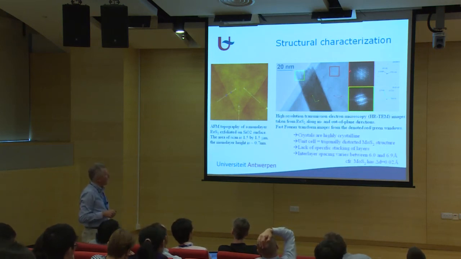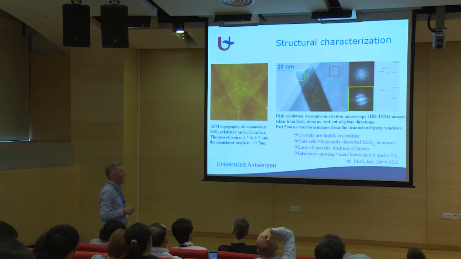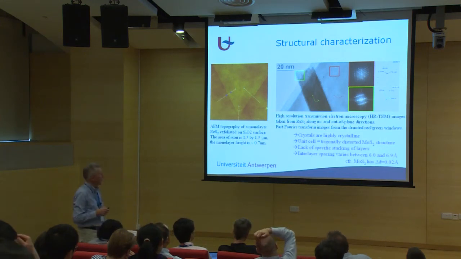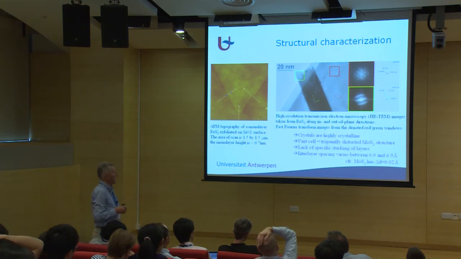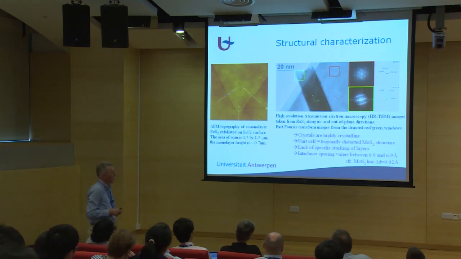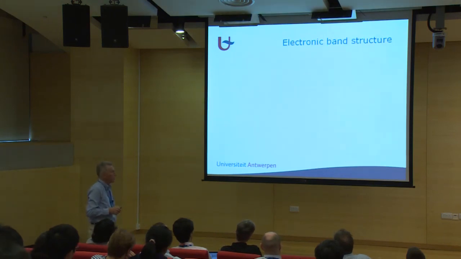If you look at the unit cell, it agrees with the trigonal distorted MoS2 structure, and there's also a lack of some specific type of stacking. So it's a little bit like randomly stacked. And also the interlayer spacing varies a lot. You see 0.9 angstrom, while in molybdenum diselenide, this interlayer spacing only varies 2% of an angstrom.